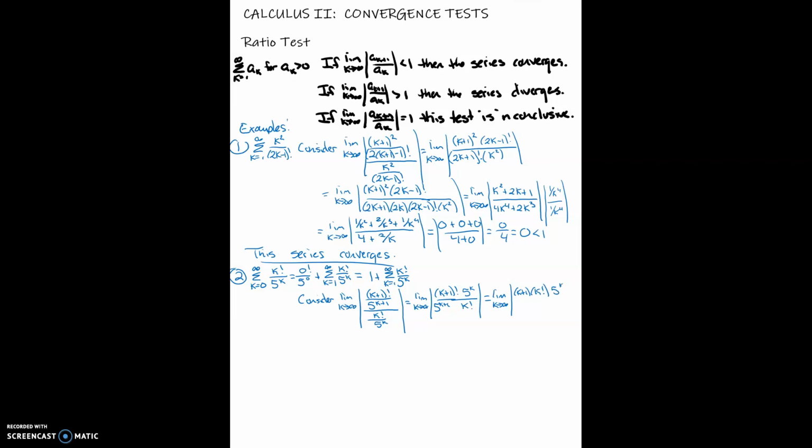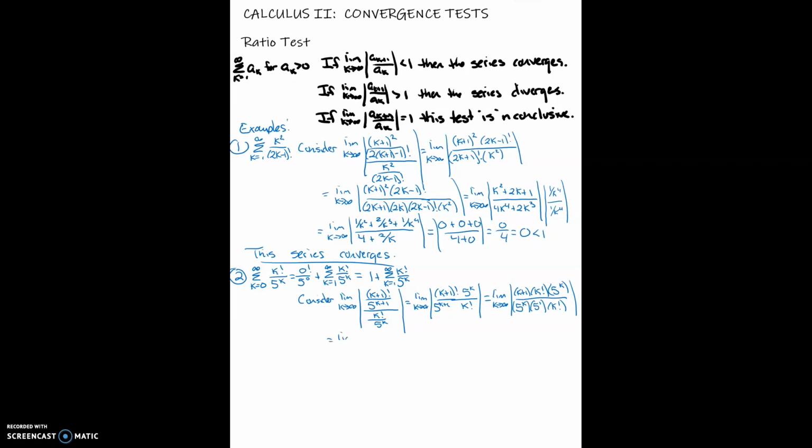We still have 5 to the k there in the numerator. In the denominator, we have 5 to the k times 5 to the 1, which is really just 5. And then we still have the k factorial. I see I can reduce some stuff. We'll reduce the k factorials. We'll reduce 5 to the k. All right, that's going to simplify things quite a bit.